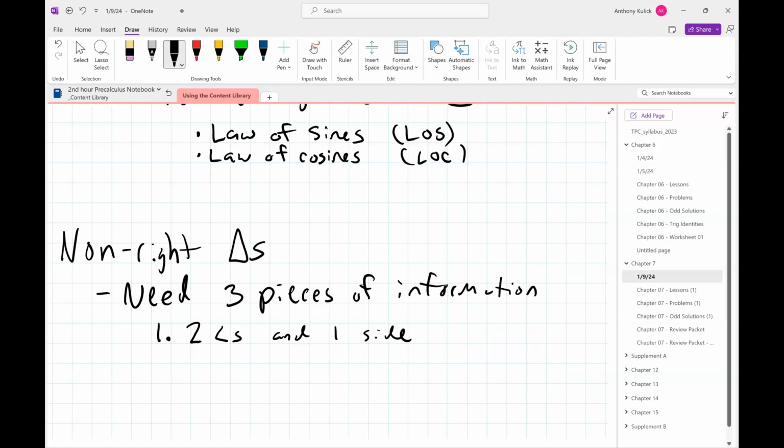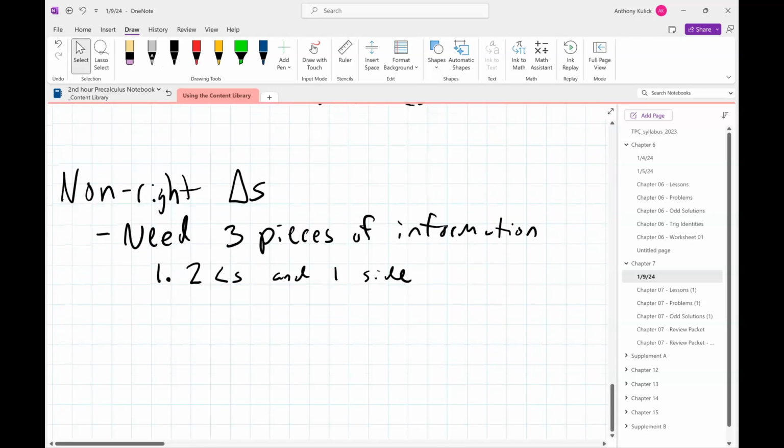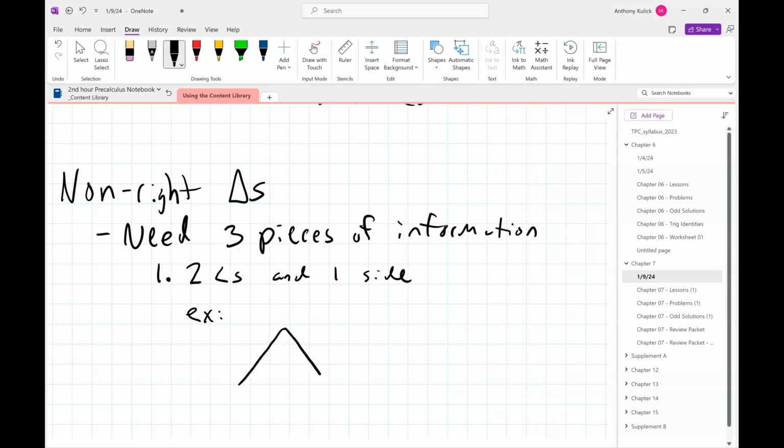Everybody's okay with that idea? Now, this can actually cover 2 different scenarios. Let me show you what I mean. Say we have this triangle ABC, and you're told angle A, angle B, and then side BC.